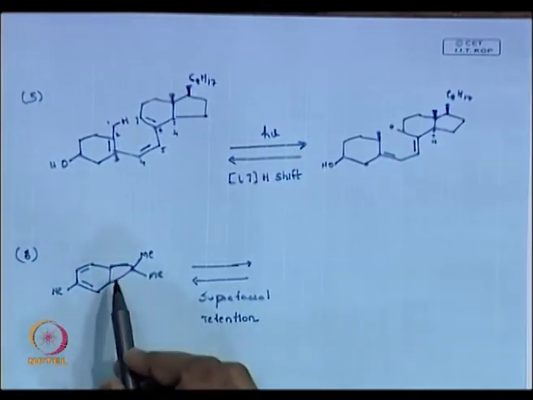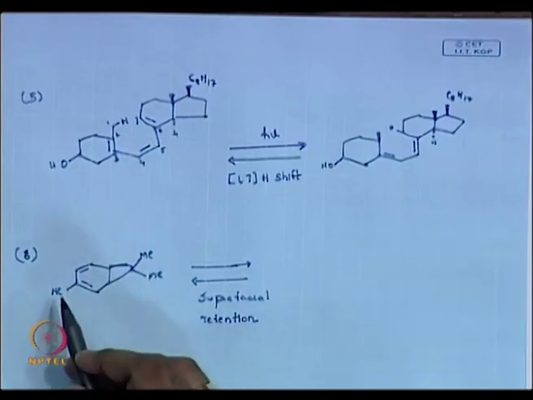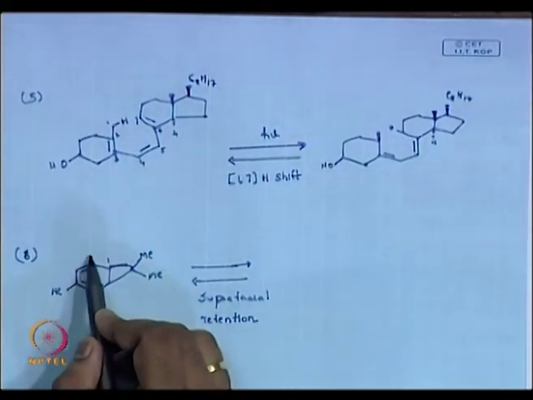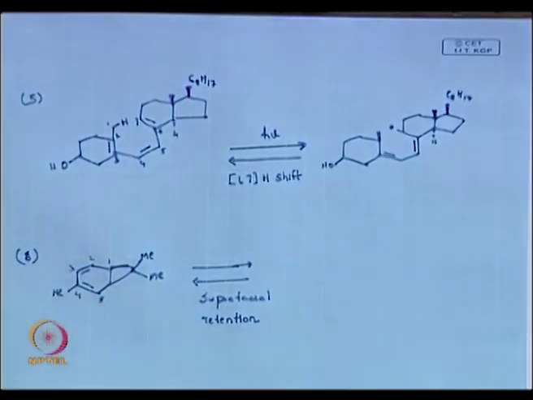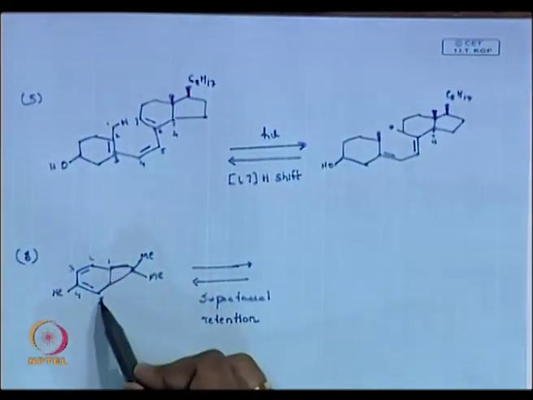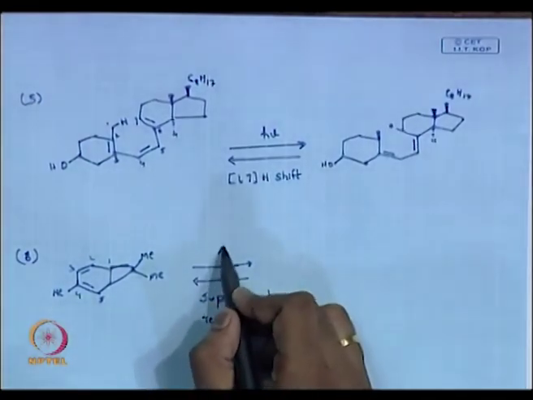First you find out what shift it will be. What shift do you want to do? 1, 2, 3, 4, 5, right. So, I can move this carbon. So, it will be a 1,5 shift. If I want suprafacial retention, what do I have to do? Heat it or photolyze? Heat it.